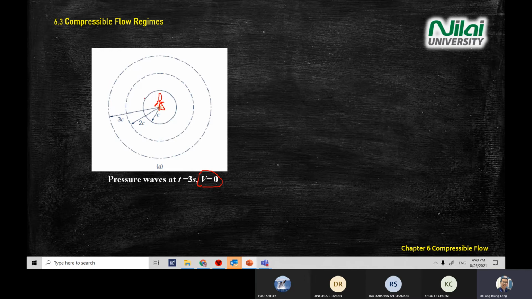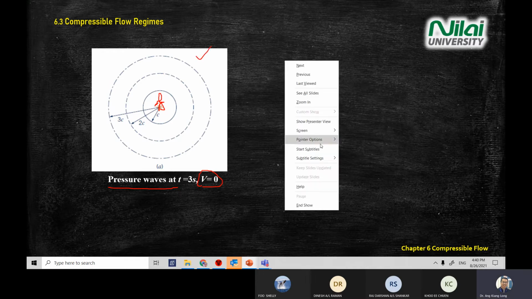After 1 second, your wave reaches here, 2 seconds, here, 3 seconds, here. That's why the label of this chart is t equal to 3 seconds. At velocity equals 0, the source doesn't move. I assume you understand this one.